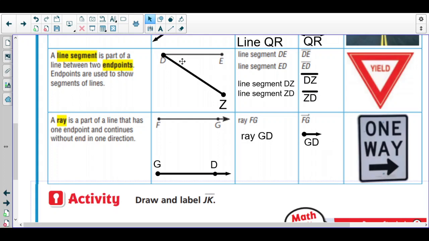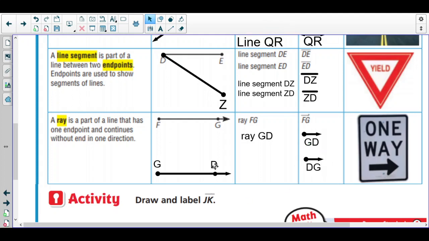Now, what would happen if I were to switch it around? Let's just say that I had the same thing here, but I switched the letters around. So I had ray DG.